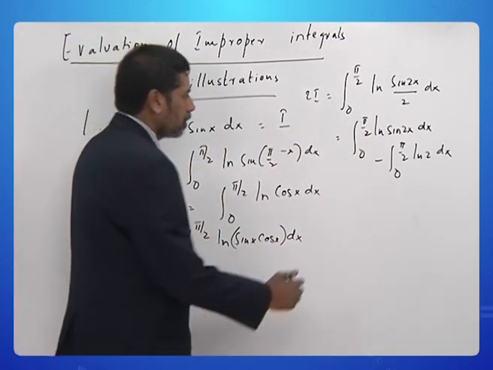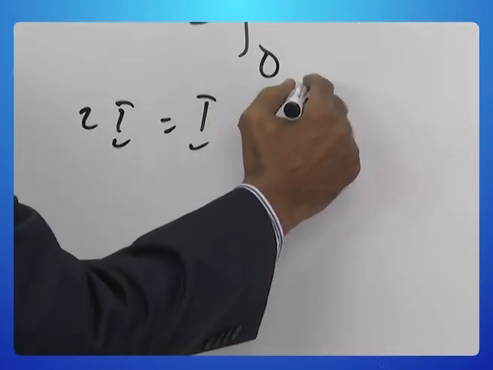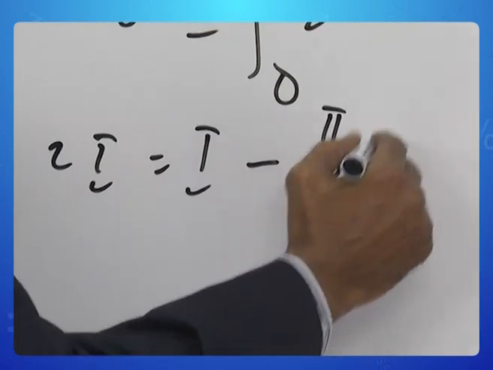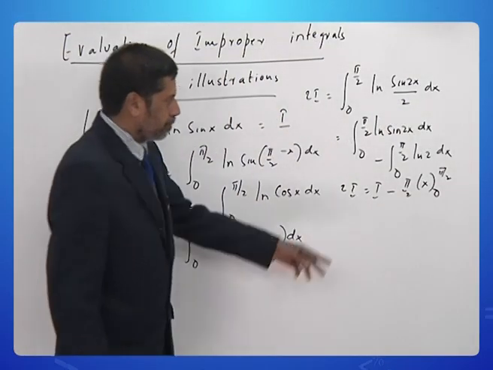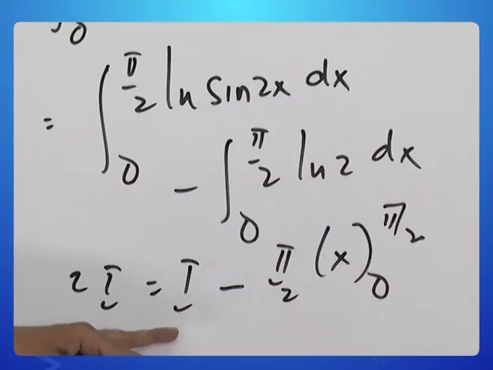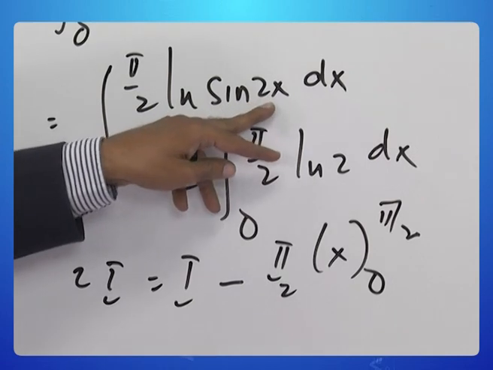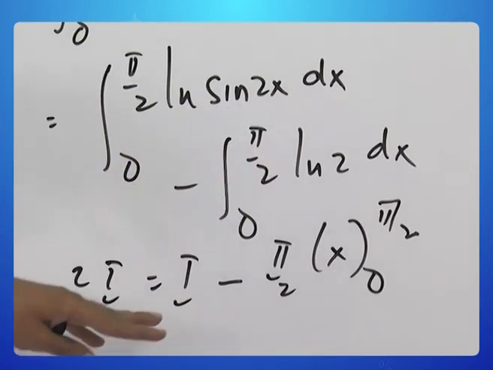So 2I is equal to I minus pi by 2 into x from 0 to pi by 2. What I mean is integral 0 to pi by 2 log sine 2x can be reduced to I itself by a simple substitution for 2x. If you do that, this will be equal to the given integral itself.